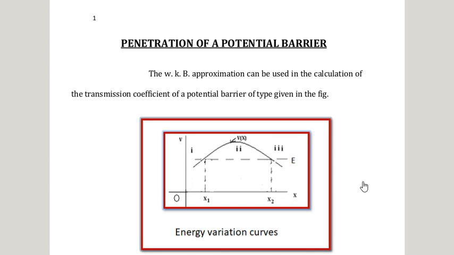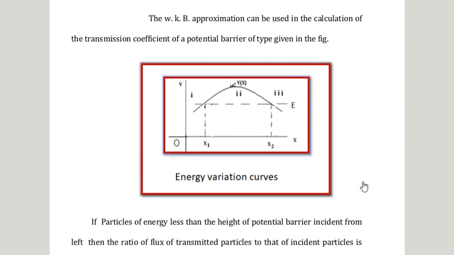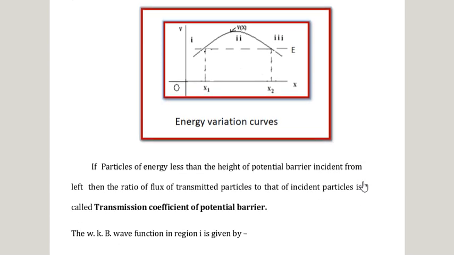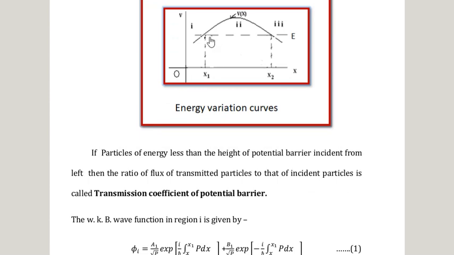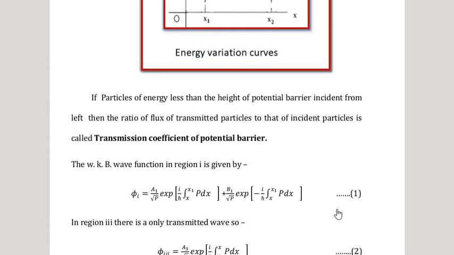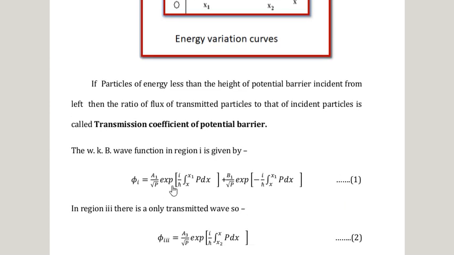The WKB wave function in the first region is given by phi first equals A1 upon root p exponential i upon h cut integral x to x1 p dx plus B1 upon root p exponential minus i upon h cut integral x to x1 p dx.